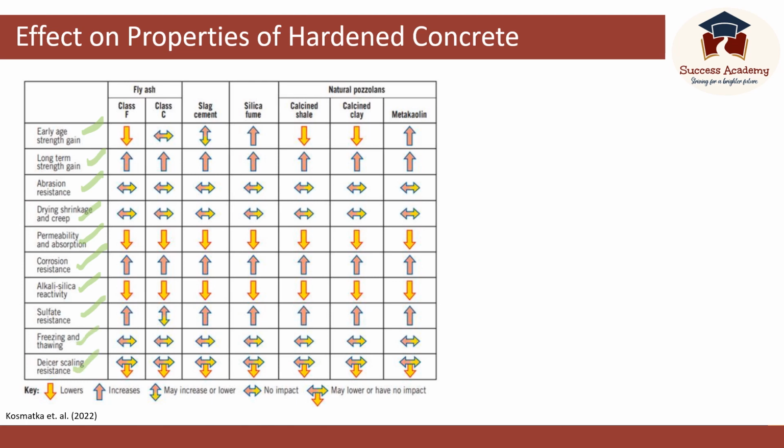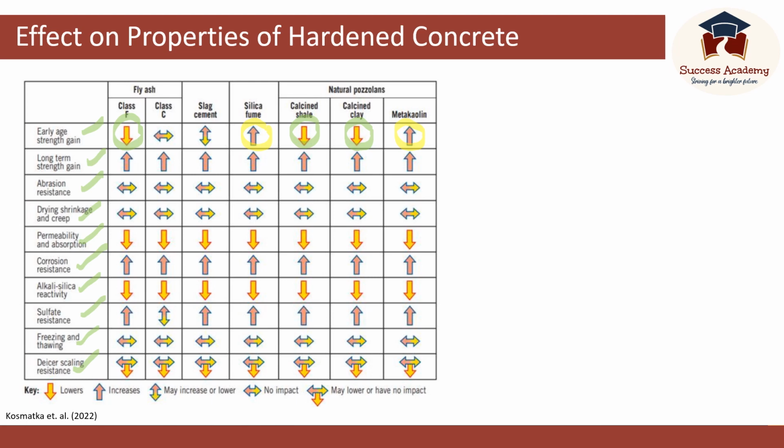When you look at the early age strength gain, different admixtures have different effects. So if you look at these ones, fly ash class F, shale and clay, they decrease the early age strength gain. But when you look at silica fume and this one, it increases the early age strength gain.